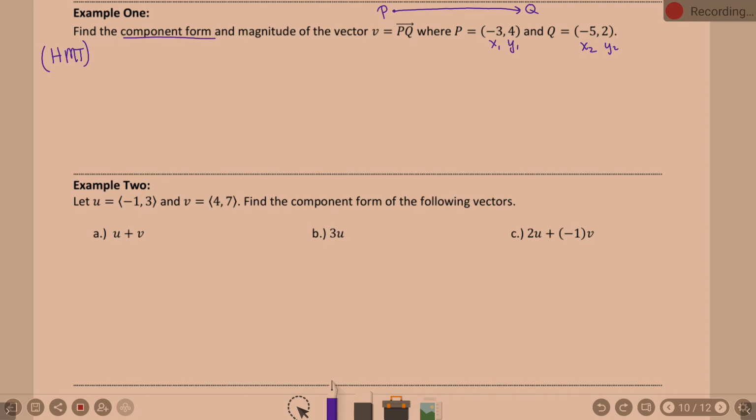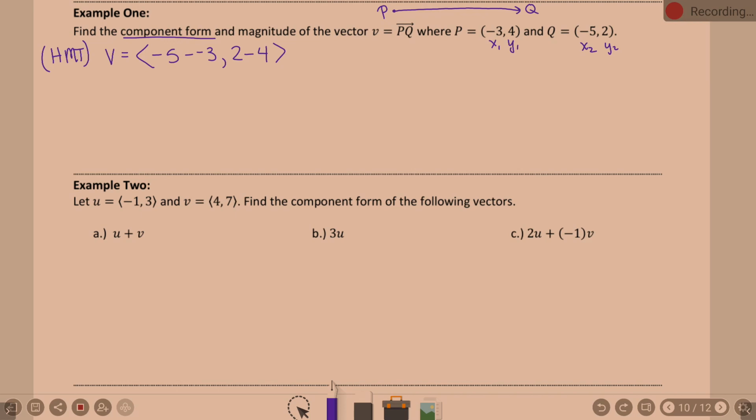So with that in mind, I'm going to say V equals, so for the x's, heads minus tails, negative 5 minus negative 3 is going to find me V1. And in order to find me V2, we're going to repeat the process with the y's. And so then we're again looking at heads minus tails, and we're subtracting what? 2 minus 4, right?